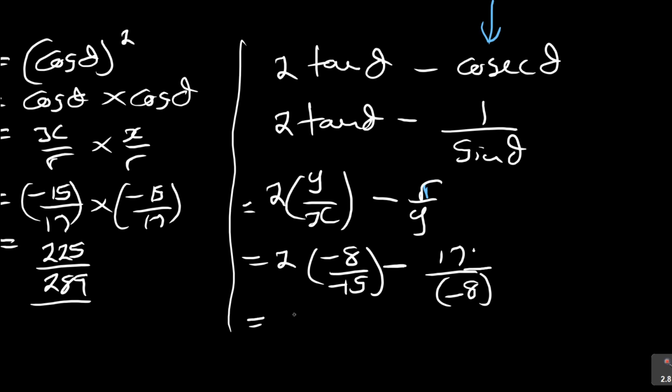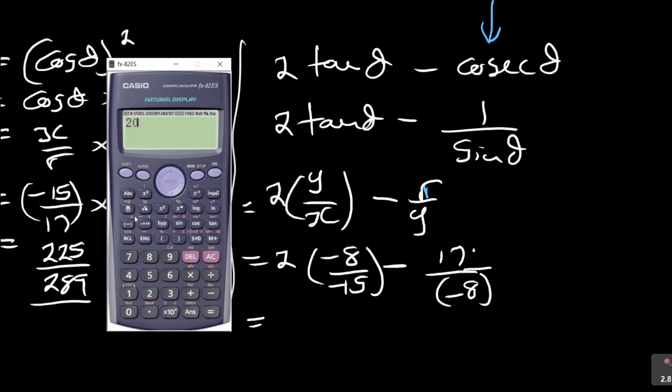Alright, then let the calculator do the rest, in this case for simplifying. Are you with me? So that's how you will then be able to get your final answer. So it will be 2, there are 2 negatives there, negative 8 over negative 15. Close it, minus, again it's 17 over negative 8.